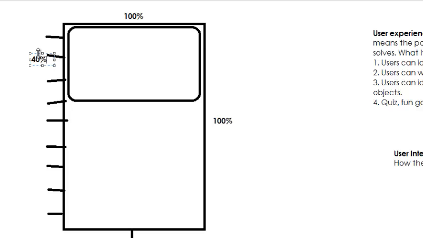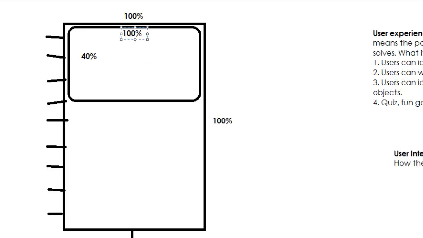For this box I just placed here, it's 40% the height, and then the width is 100%. If you look at it, we did not touch the width, and the height is 1, 2, 3, 4, 40%.